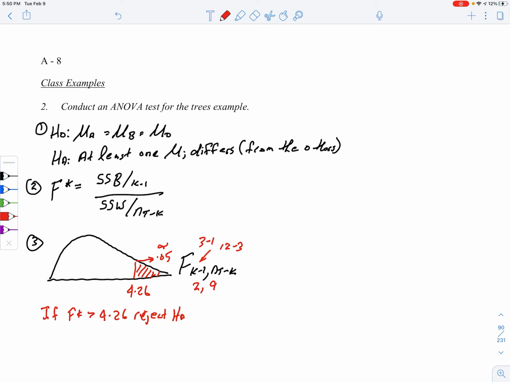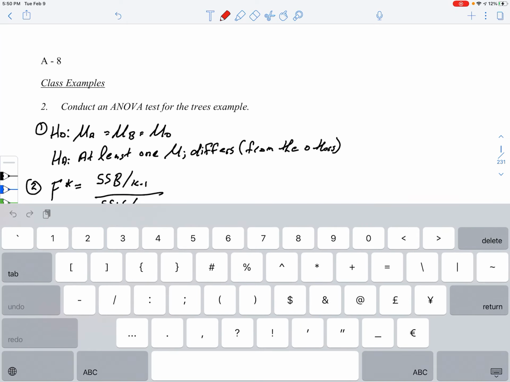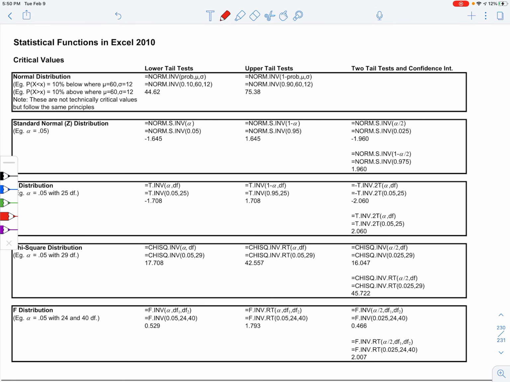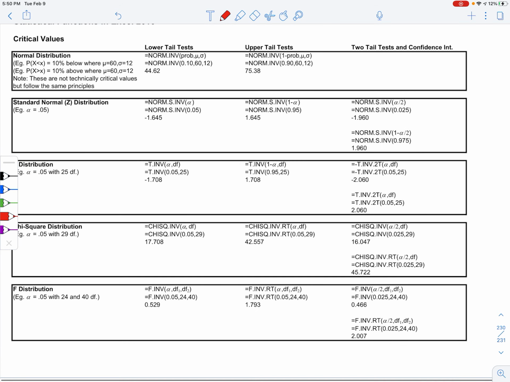All right, by the way, there is probably an Excel formula for this, isn't there? Yes, there is. Let's go down and find it. Critical values for an F distribution down here. An upper tail test is, it's kind of like the chi-square distribution. So instead of a chi-square, of course, it's an F inverse right tail. And then you've got alpha, and then degrees of freedom for the numerator, degrees of freedom for the denominator.